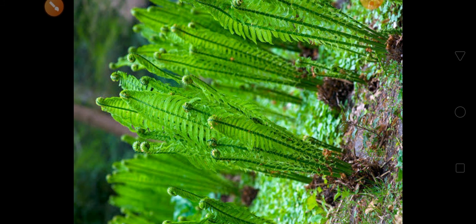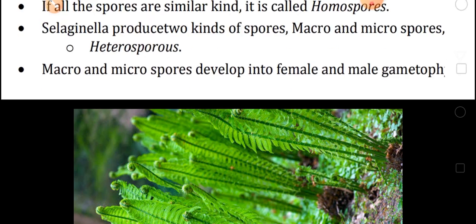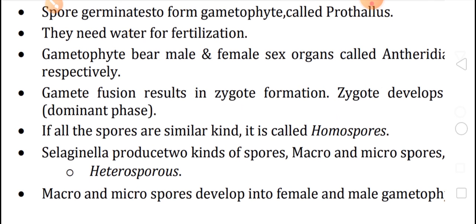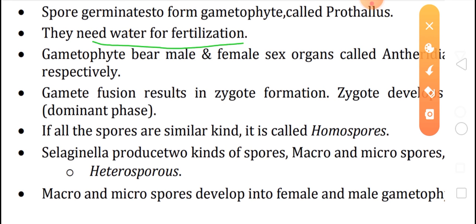Next, for fertilization they need water. The male gamete, antheridium, and the female gamete, archegonia, come in contact with each other, and water acts as a medium. So for fertilization water is necessary. The gametophyte bears male and female sex organs.